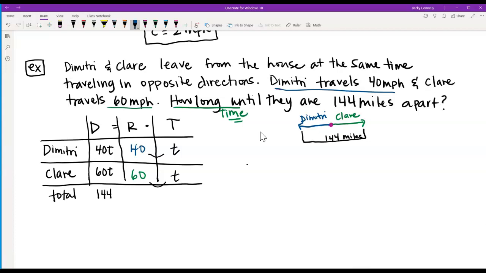So Dimitri is 40t, and then Claire is 60t, so plus 60t, and then together they need to be 144, because I don't know exactly what the distances are going to be at given times, but I know they have to be 144 miles apart.